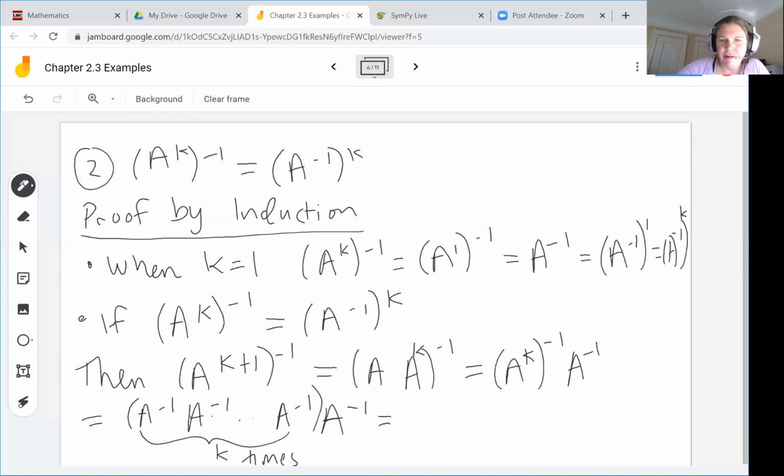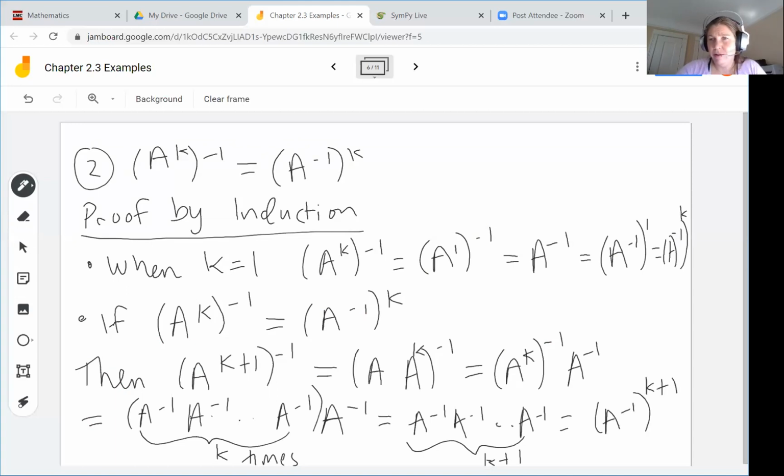So this is just A inverse times A inverse times A inverse, k plus 1 times, which is just A inverse to the k plus 1.